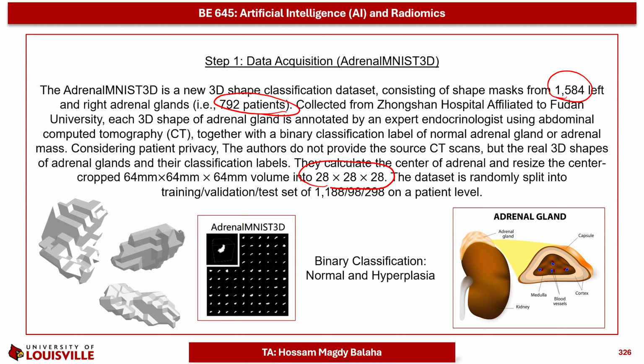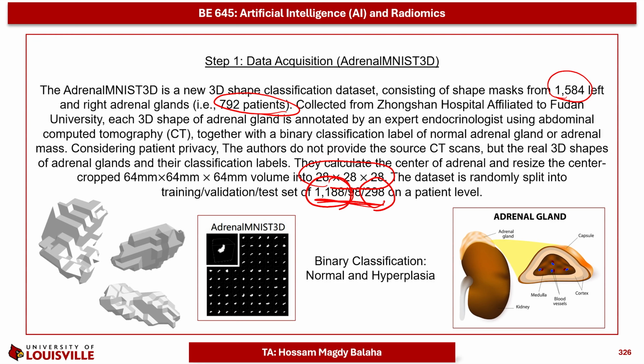Also, this dataset is split into 3 subsets: training, validation, and testing, with the following number of images. So this dataset is already split. So if we need a training subset, we can access directly the training subset, and if we need the testing subset, we can directly access the testing subset.